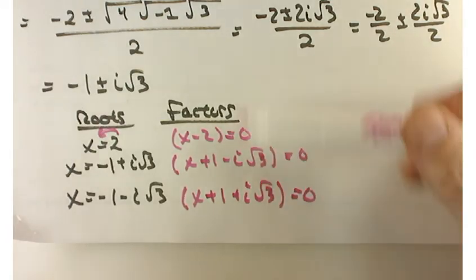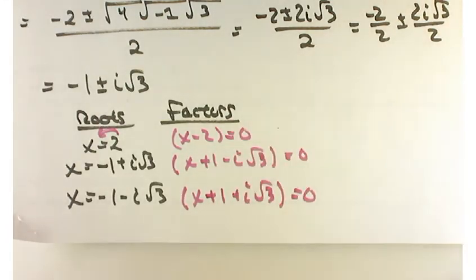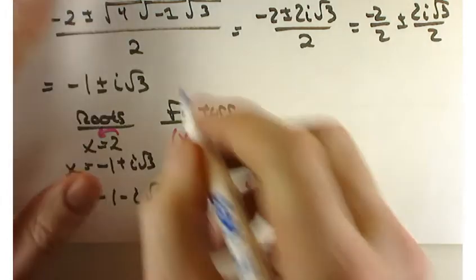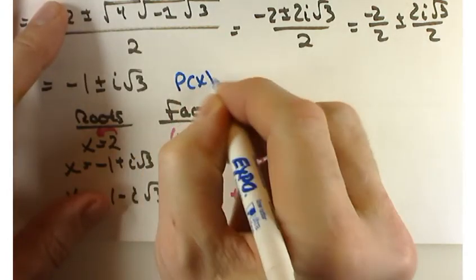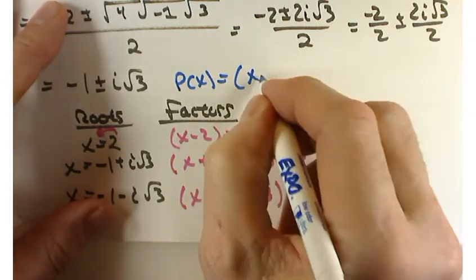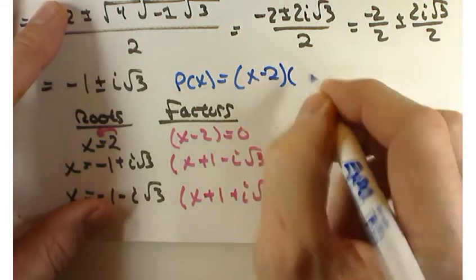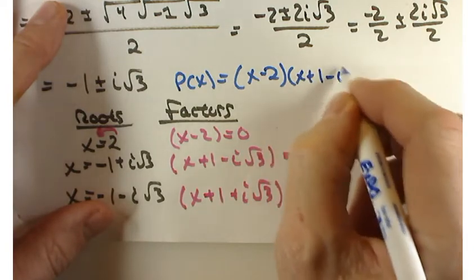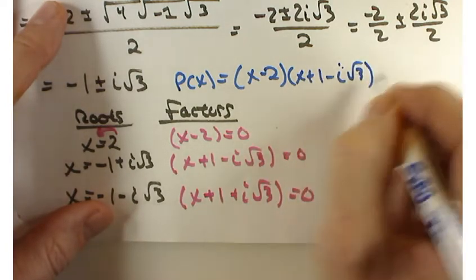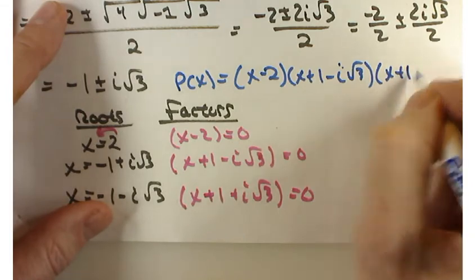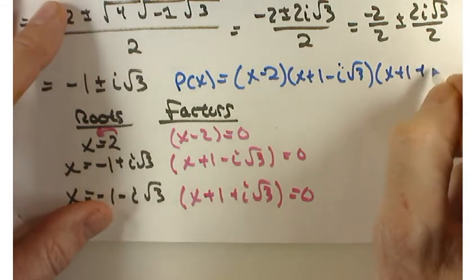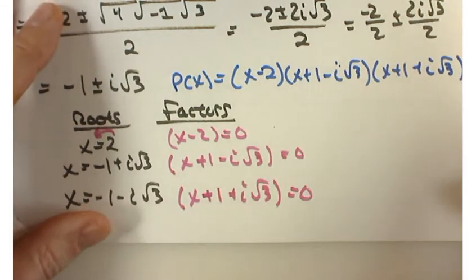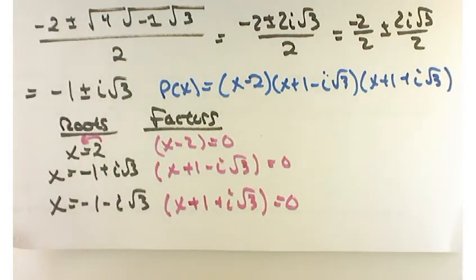So our original polynomial is going to be the product of those 3 factors. We'll call it P of x is going to be x minus 2 times x plus 1 minus i times the square root of 3, and x plus 1 plus i times the square root of 3. And there's our polynomial completely factored.